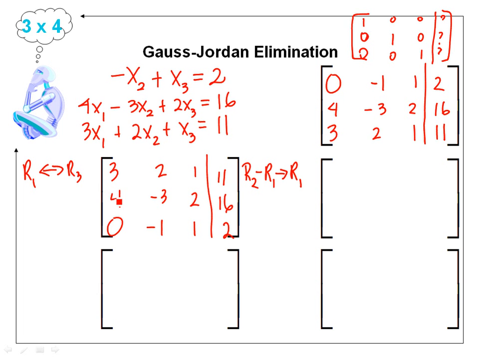So let's subtract. So we'll get 1, -3 minus 2. Again, that's -3 minus 2. That'll give us a -5. 2 minus 1 is 1. And 16 minus 11 is 5. And let's rewrite everything else over.